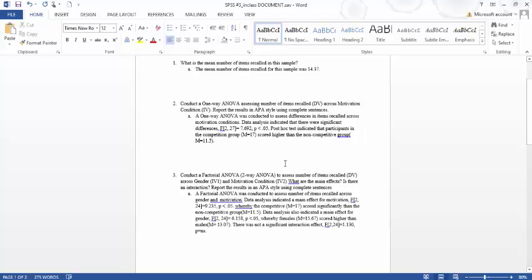For your homework, you'll be asked to do pretty much the exact same thing. And please remember to report your results, just like we did here, in complete sentences and reporting your findings, so the F value and P values in APA style.